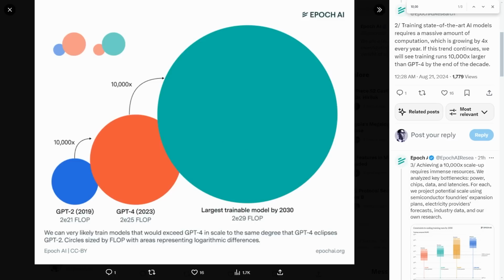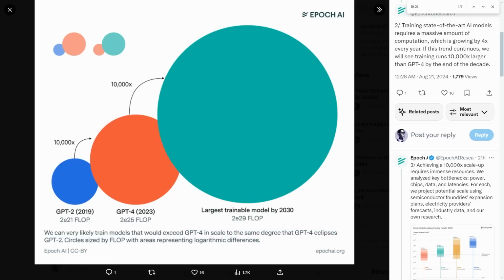And this is not just some random company that's done some research. They've done quite a lot. They've done all the research needed, so this isn't some prediction that isn't going to come true. It's within a high degree of certainty. They're basically saying that we can very likely train models that would exceed GPT-4 in scale to the same degree that GPT-4 eclipses GPT-2.